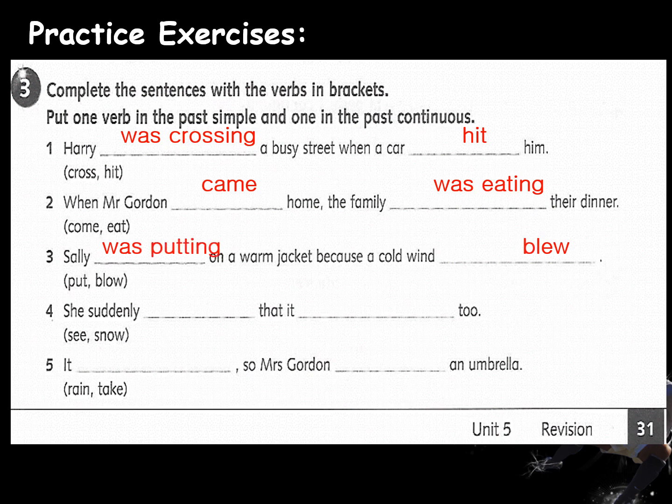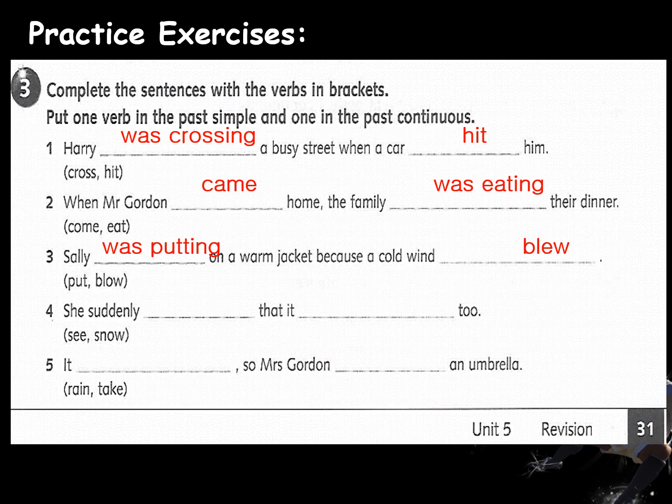So we say Sally was putting on a warm jacket because a cold wind blew. Was putting is the continuing action, and blew is the past simple, the action that happened or finished while another past action was going on.